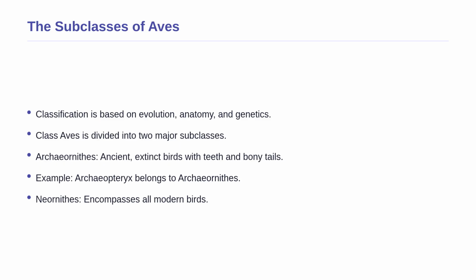First, we have Archaeornithes, which contains ancient, extinct birds like the Archaeopteryx. These fascinating creatures actually had teeth and long, bony tails. Second, we have Neornithes, which includes every single modern bird species alive today. This fundamental split helps us separate the ancient evolutionary pioneers from modern avian life.